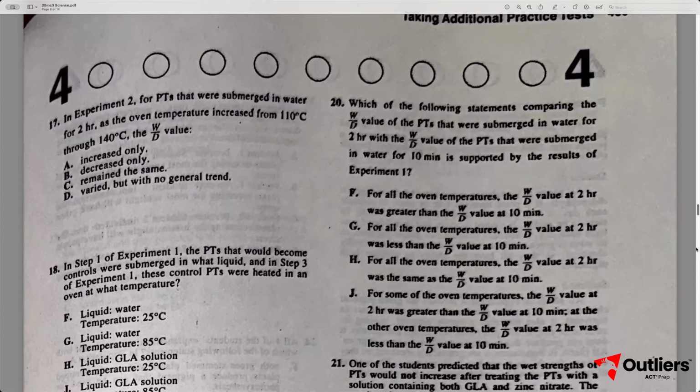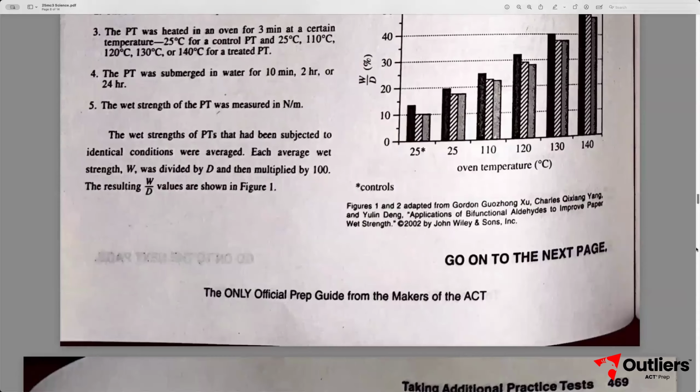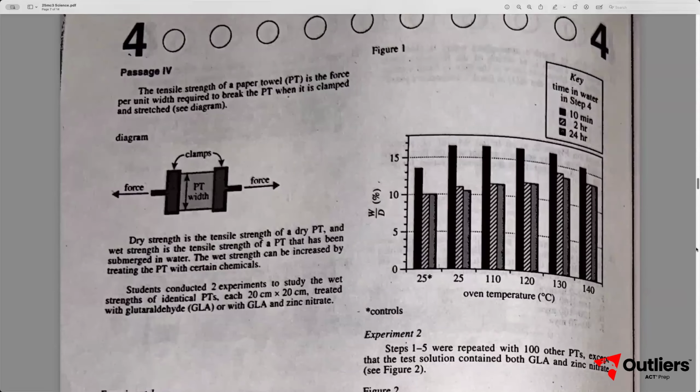And in reality, this is a very simple question. All we're asked to do is compare the 2-hour trial with the 10-minute trial for experiment 1. So we need to go up to figure 1, and we're just focusing on the first 2 bars, the 10-minute trials and the 2-hour trials.